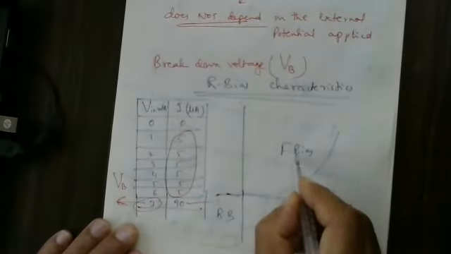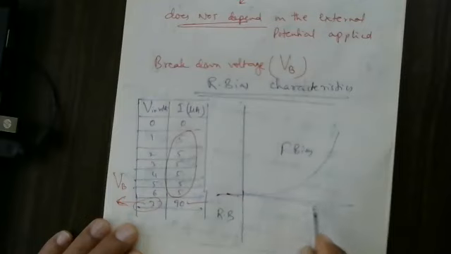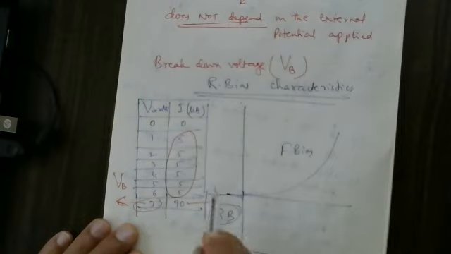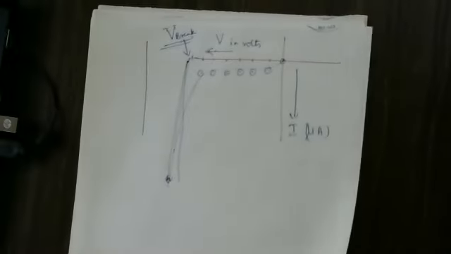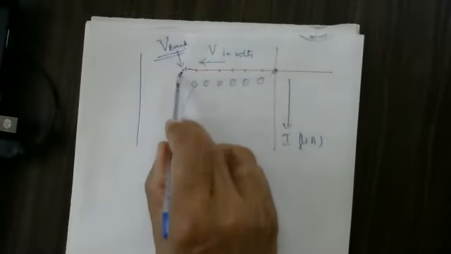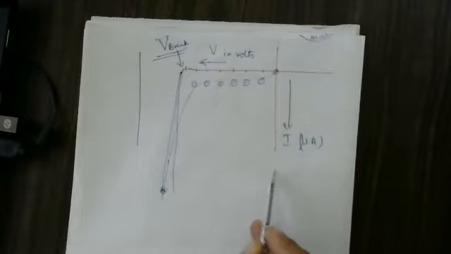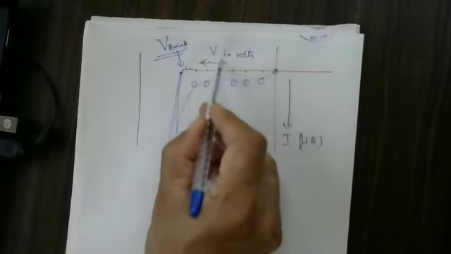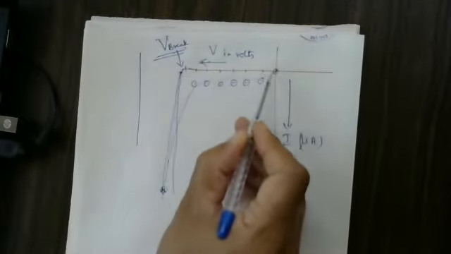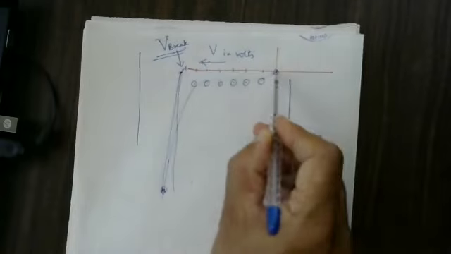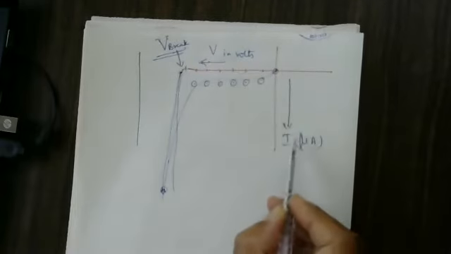Here we plot forward bias on the positive x-axis and positive y-axis, and reverse bias on the negative x-axis and negative y-axis. That is what I have shown here. On the negative x-axis we plot the voltage, and on the negative y-axis the current.